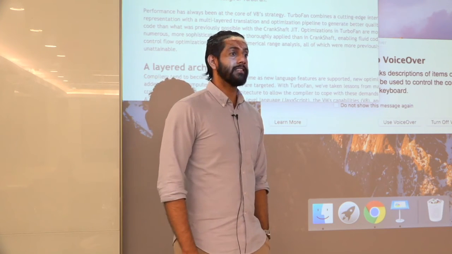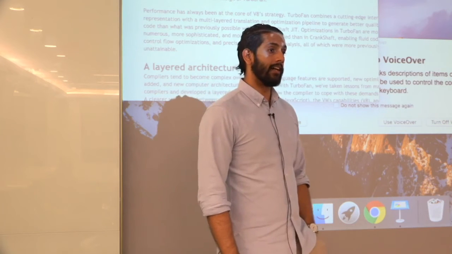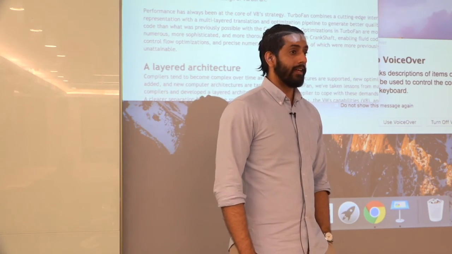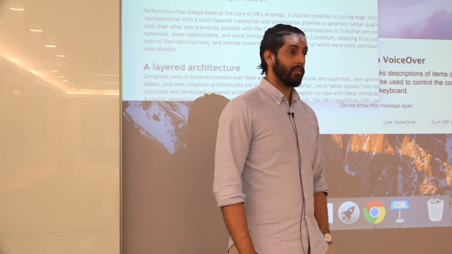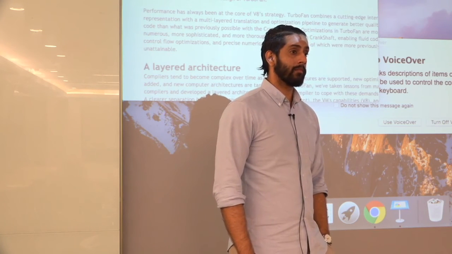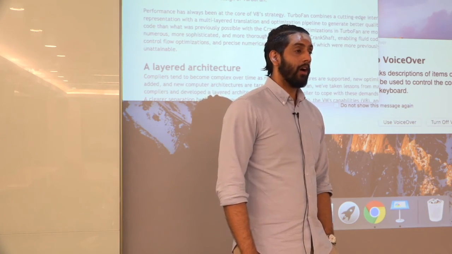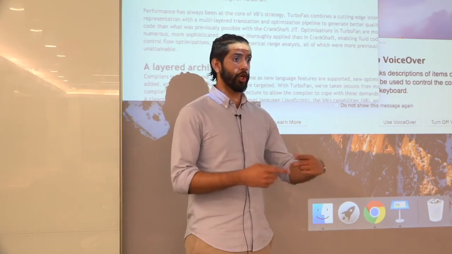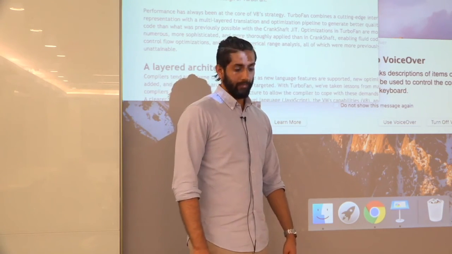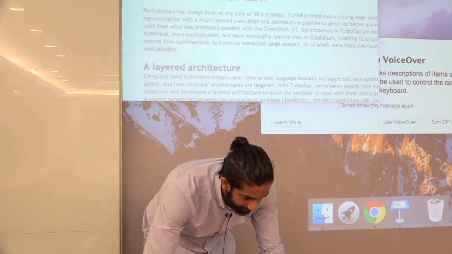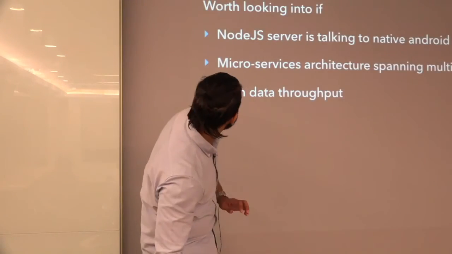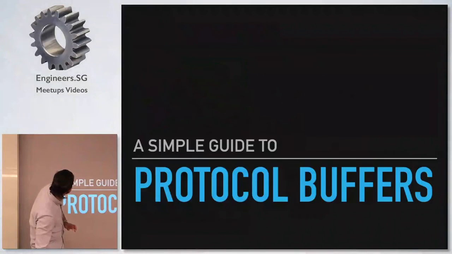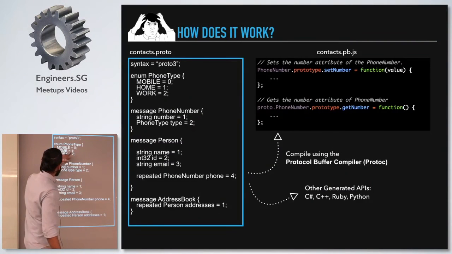Any other questions? You need the same proto file on the client and the server, right? If you have, let's say, a different version of the protocol, how do you handle it? So one of the interesting things, which I didn't discuss, was version control in protobuf. Let me just come back to the slides. So this tagging, right?